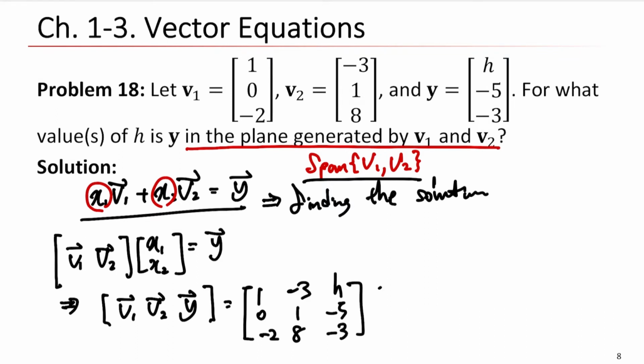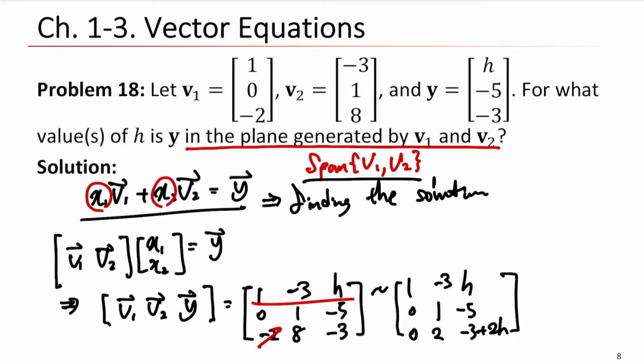Then we can row reduce it easily, right? Then how can we do that? Negative 3 h 0 1 negative 5 0 2 minus 3 plus 2h. Why? Because we want to remove this term using this one, right? Then we can remove this term, right? Again, using that, 0 negative 3 h 0 1 negative 5 0 0 2 7 plus 2h.